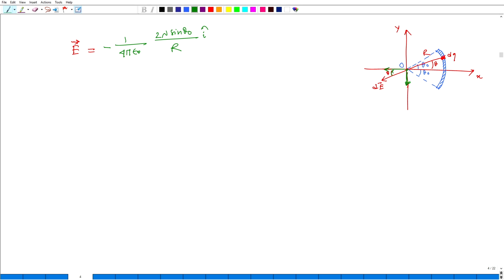Similarly, if we consider another small strip here with a charge dq prime, due to this charge we draw the electric field lines. Again they have a y component and an x component. The y components cancel each other, since dq prime and dq are basically the same, since the lambda is uniform.